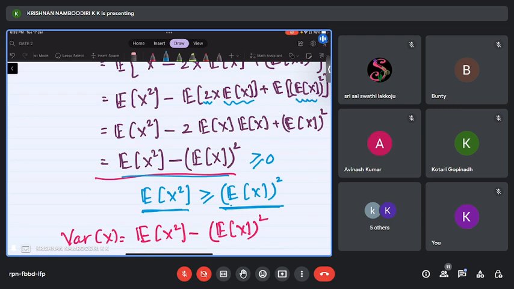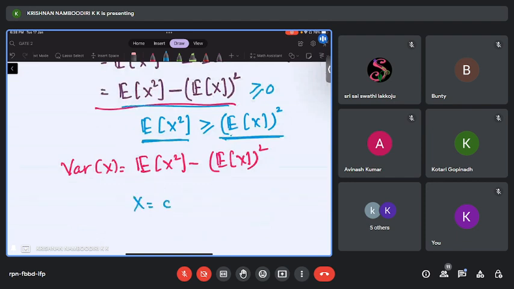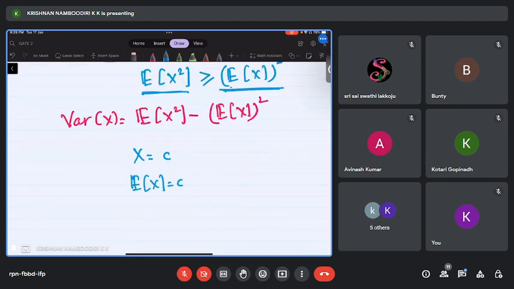Okay, if X is a constant, say X equal to c, for some constant c, then the expectation of X is nothing but c itself, and the variance of X equals 0. First of all, what is the physical meaning of variance?